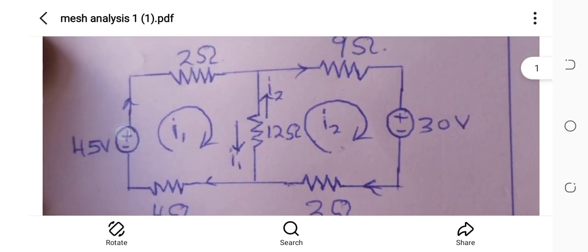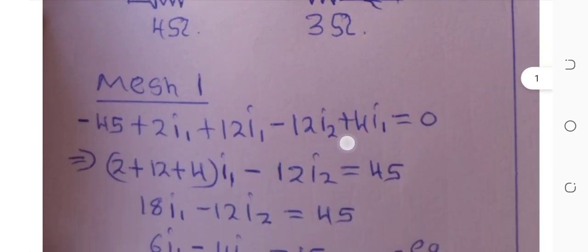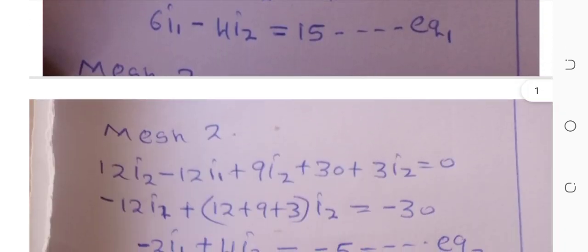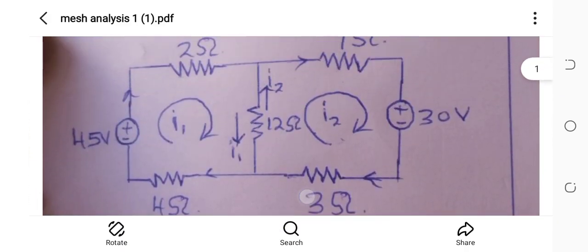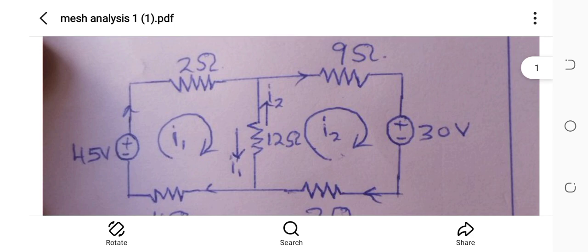So mesh 2, let's start at the 12 ohm resistor. Starting at this point, we have 12 I2, as you can see over here, going in the clockwise direction.